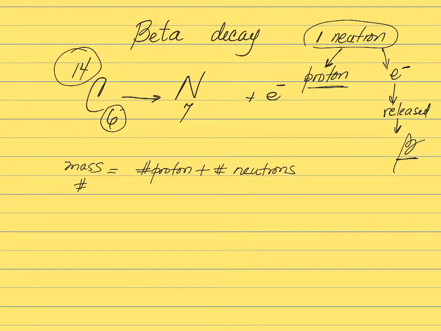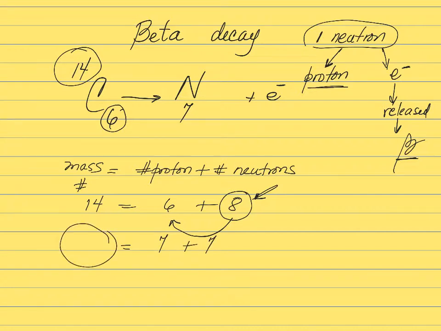So in carbon 14, I have 14 over here, 6 protons plus 8 neutrons equal 14. So one of these extra neutrons becomes a proton. And now I have 7 protons, I'm going to have 7 neutrons. Is the mass number going to change? No.